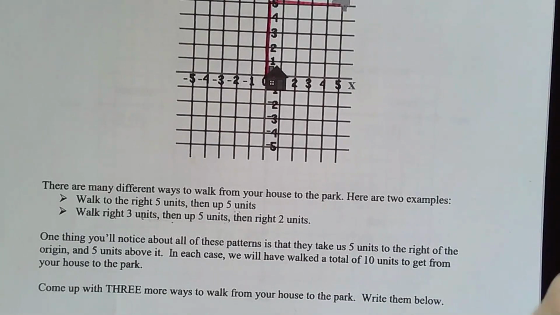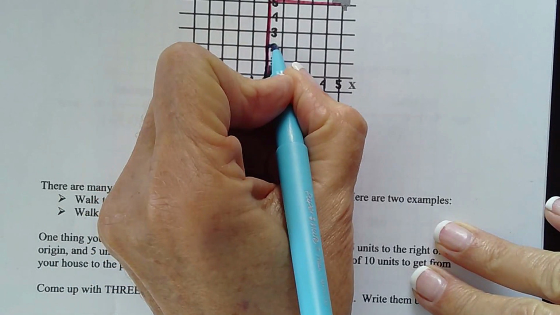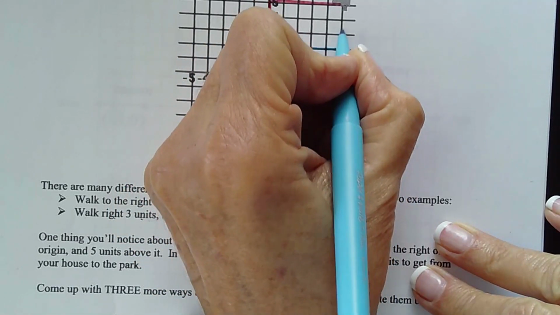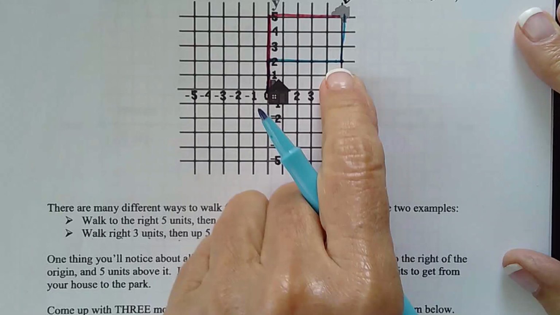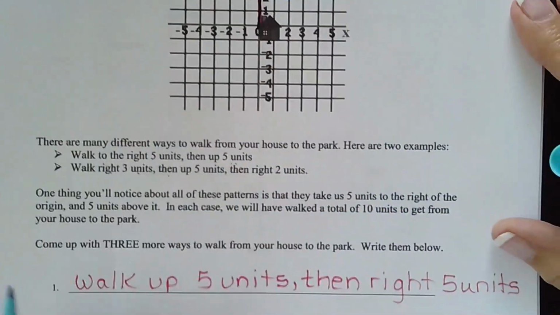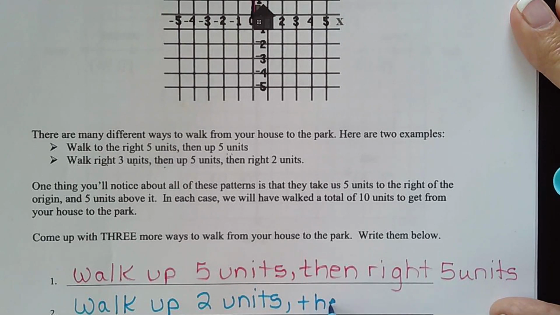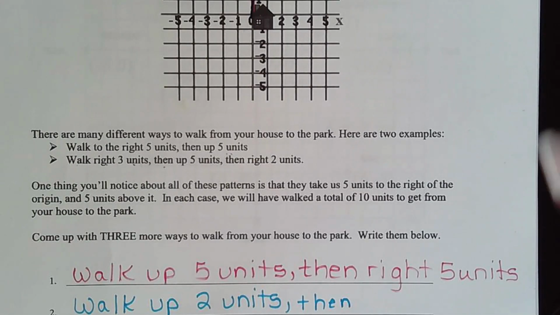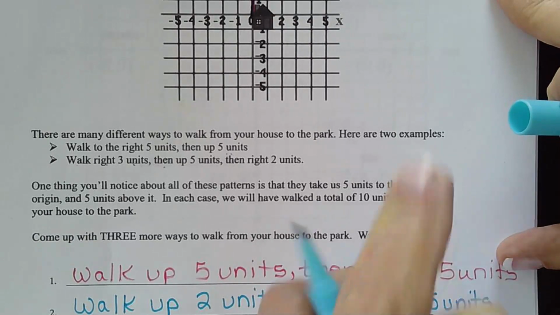Okay, so let's take another route. So how about we go up 2, right 5, and then up 3. So walk up 2 units, then right 5 units, and then what was our last?